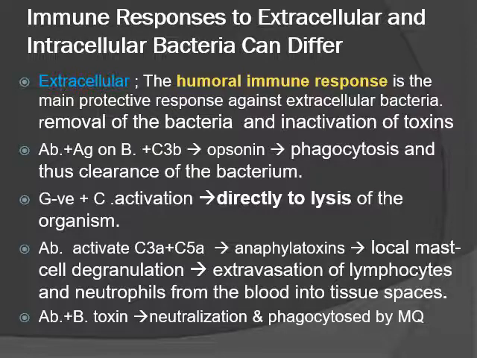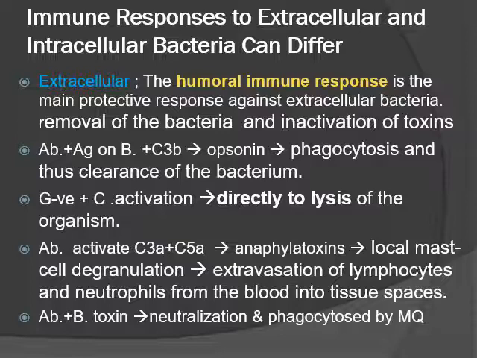نرجع لموضوعنا اللي هو immune response to extracellular and intracellular bacteria. ناخذ أول مثال أو خلينا نقول الحالة الأولى من تكون extracellular bacteria. As I said, humoral immune response هو راح يكون main protective response against extracellular bacteria.